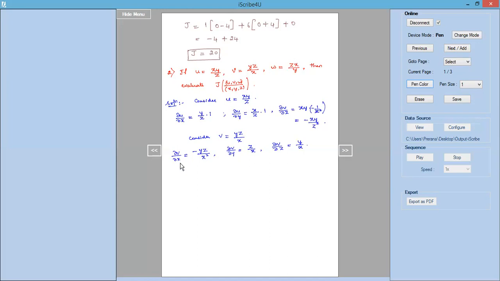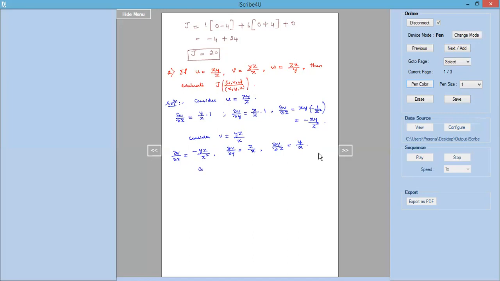With respect to x, when we want to differentiate partially, yz is a constant, we write it as it is. Differentiation of 1 by x is minus 1 by x square. With respect to y, z by x is a constant. Differentiation of y with respect to y is 1. And with respect to z, y by x is a constant. Differentiation of z in the numerator with respect to z is 1.